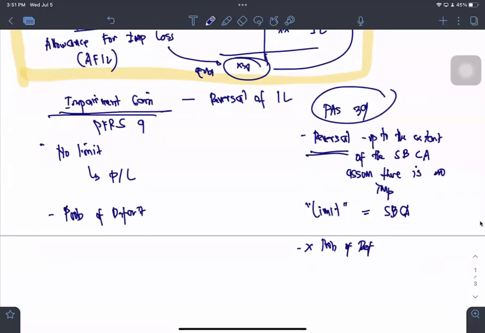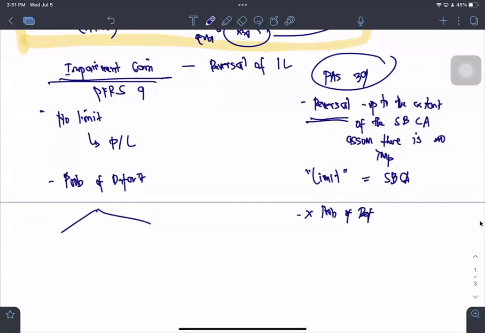Furthermore, under your impairment, under PFRS 9, we have your so-called 12-month credit loss and the lifetime credit loss. What is this 12-month credit loss?